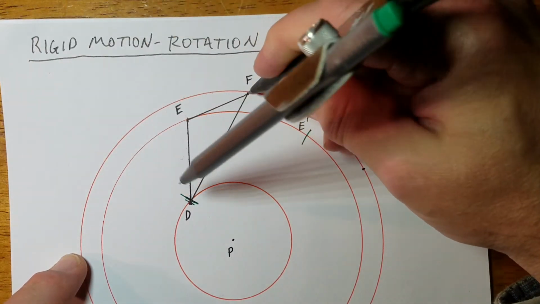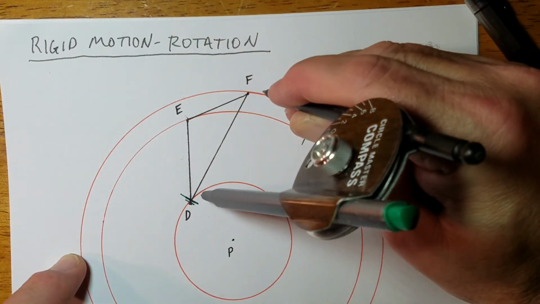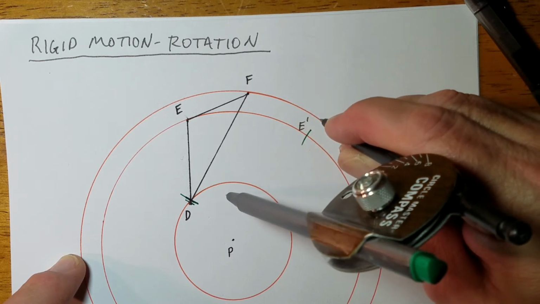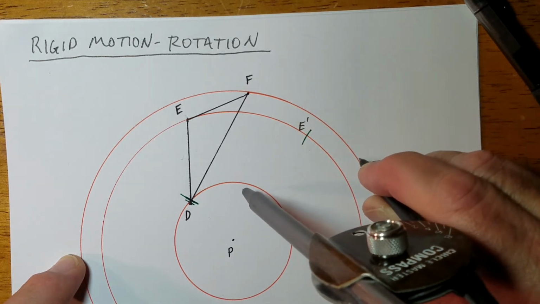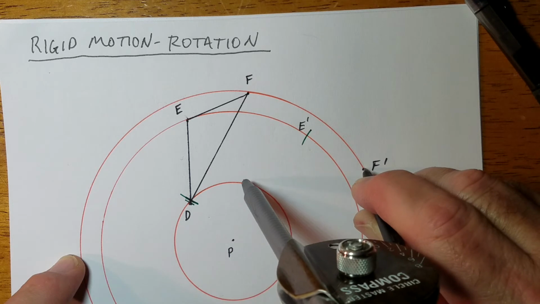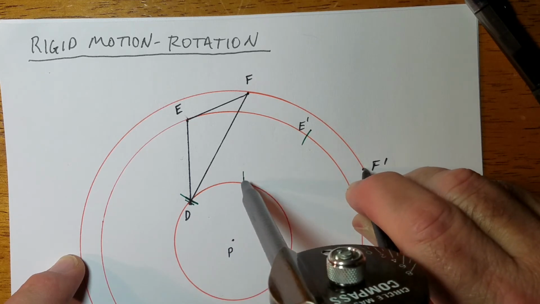And then we're going to rotate F to F prime, and D will be here.